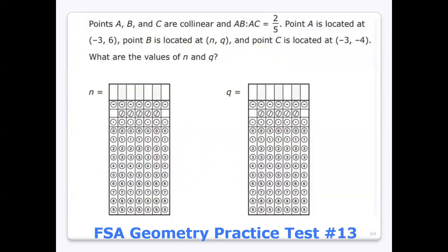So here's an example from geometry, item number 13, the practice test. You've got N equals and a response grid, and Q equals and a response grid. Anytime you have something in front of or following those response grids, then we actually do something with it in Braille. The formats of these can vary slightly, but they appear in grade 6, grade 8, algebra 1, and geometry practice tests.